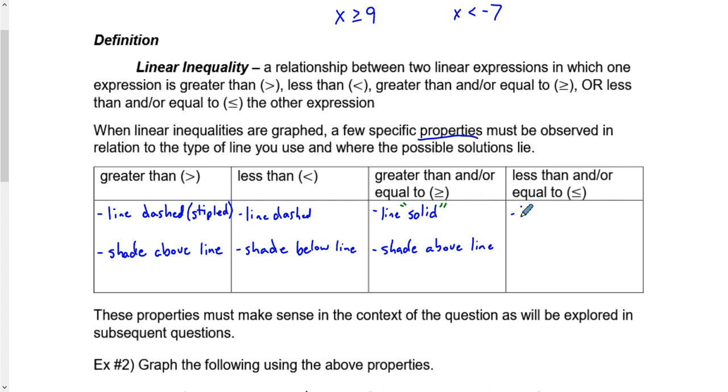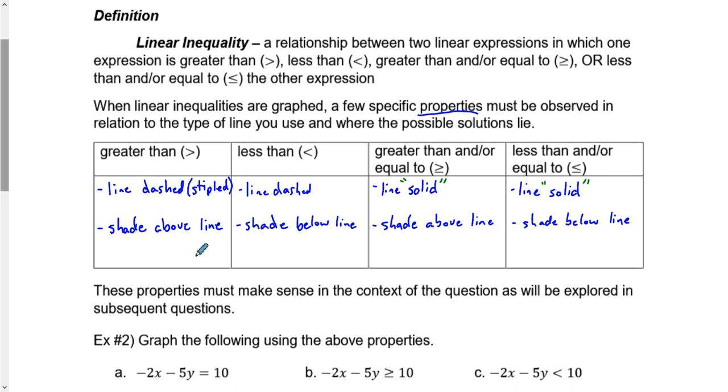And less than and/or equal to, we're going to have a solid line, again in quotations, and shade below the line. Now these properties must make sense in the context of the question, as we'll explore in subsequent questions. When I say make sense, I'm talking about whether the line is solid or not.